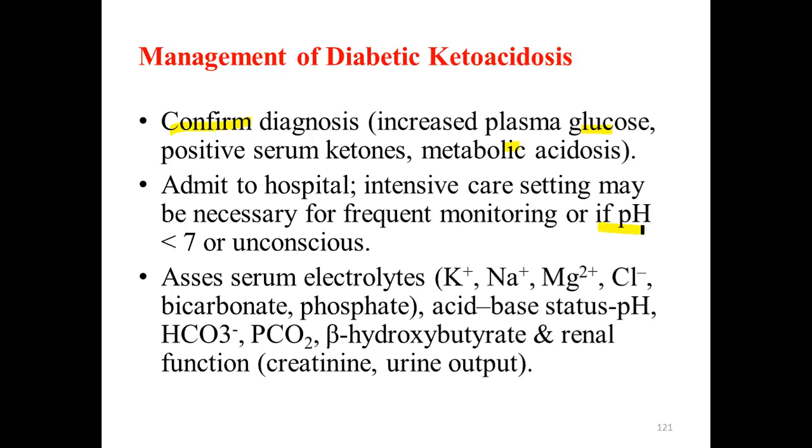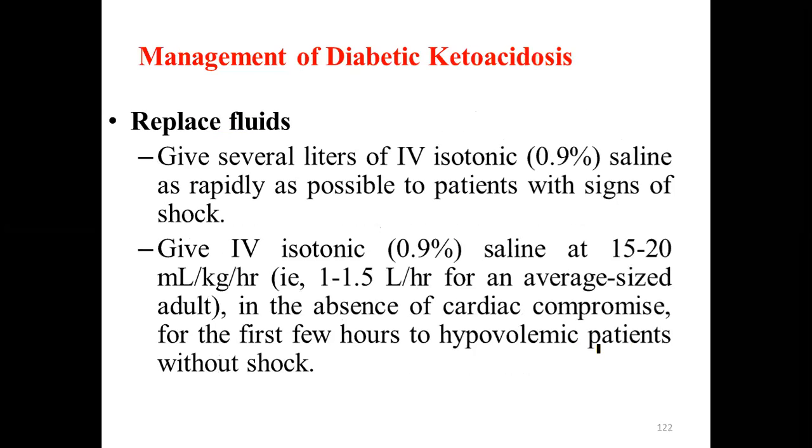Then assess the electrolyte level, because potassium and sodium imbalance and acid-base disturbance are very common. Of course, we need to look at the renal function too. Because of dehydration, the patient's renal function can be low, the urine output can be low, and the creatinine level can be high because of AKI secondary to dehydration.